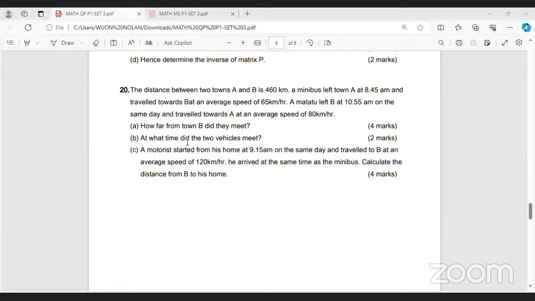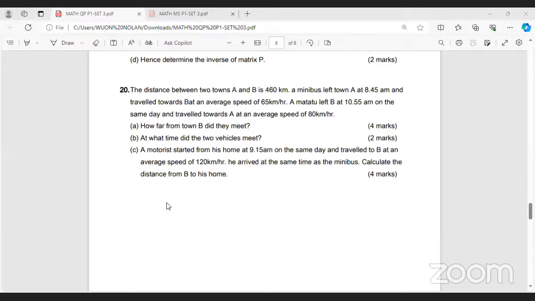Time taken by the minibus is 460 divided by 65. You are getting 7 hours and 5 minutes, right? Then the time it reached B is 8:45 plus 7 hours 5 minutes, giving you 3:50 p.m. It is arriving there at 3:50 p.m.